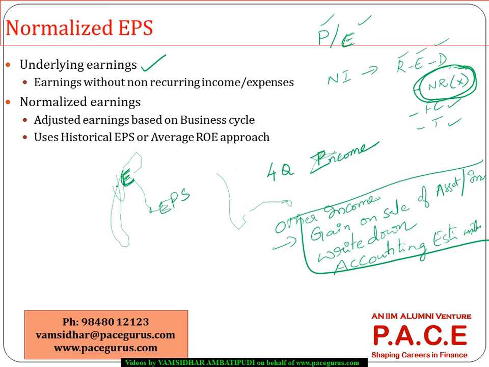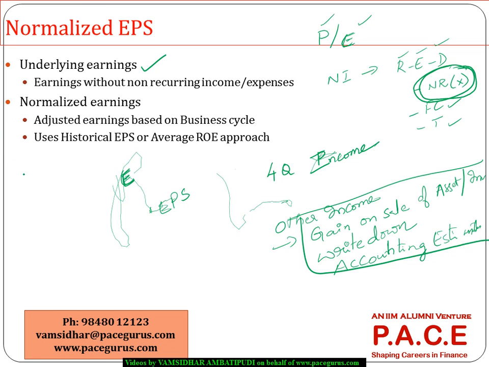So in some cases they form a part of your revenues and increase the net income, and in some cases they form a part of your expenses and they may decrease your net income, because there could be an extraordinary expense which might have gone in the income statement and decrease your net income. There could be a gain on a sale of an asset which could have gone into the income statement and it would have increased your net income.